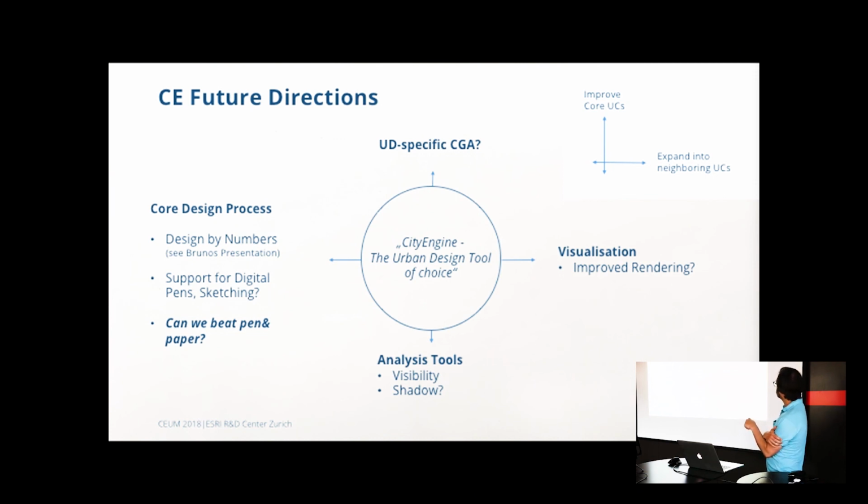And then, on the other hand, visualization. This seems to be really the very important output, at least it was in this project that I showed you. Is this one way to improve the rendering, or also think about game engines and stuff like that, stuff that we are already working on?